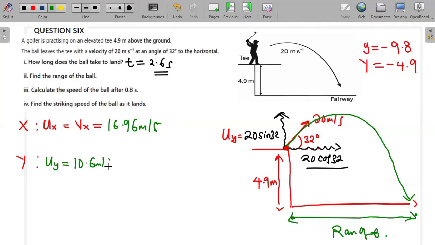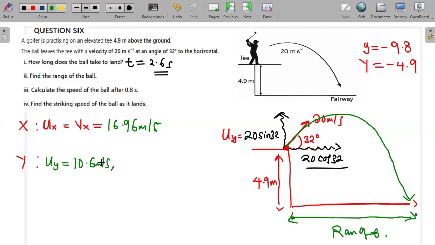20 sine 32 gives me 10.6 meters per second. So now I have to find the final speed in the y after 8 seconds. Because the one in the x is constant, it doesn't matter if it's after 0.8 seconds, 1 second, or 4 seconds, it will still be the same. But for this one, the initial is 10.6, and after 8 seconds, what will happen to the vertical speed?